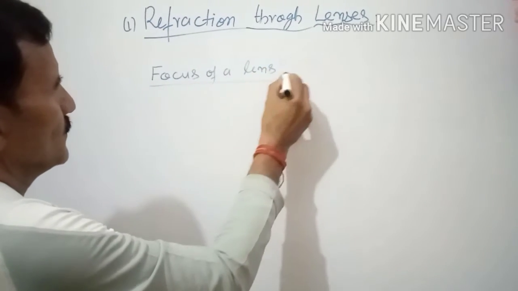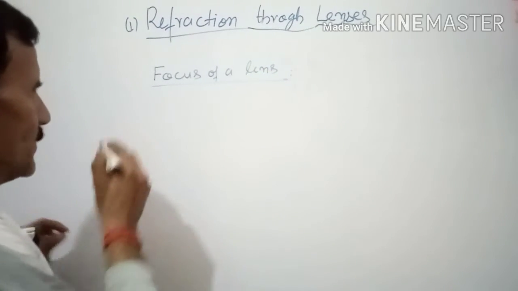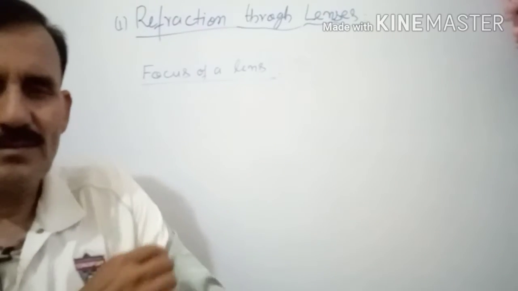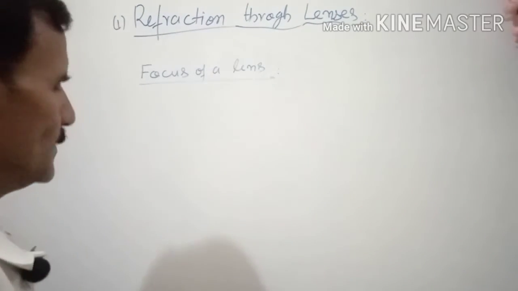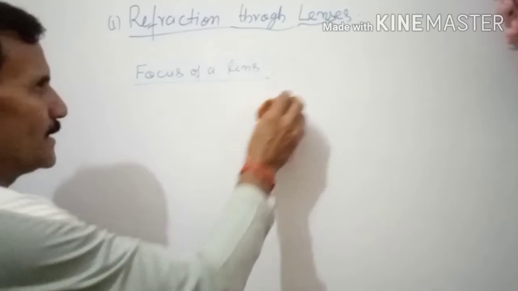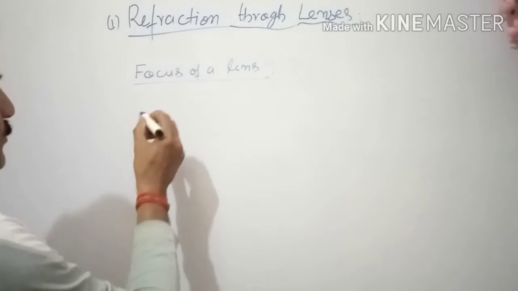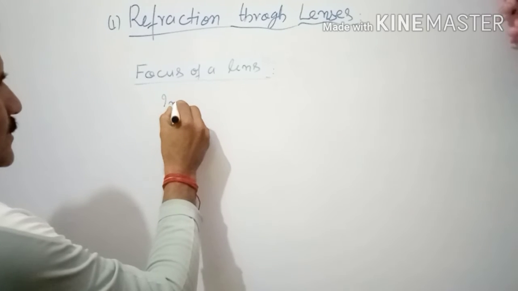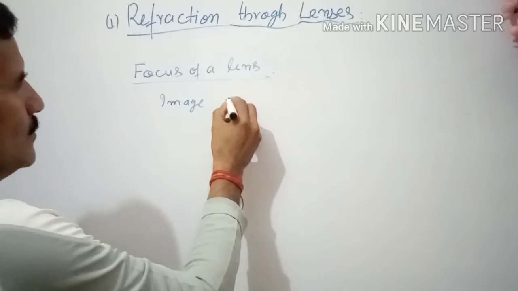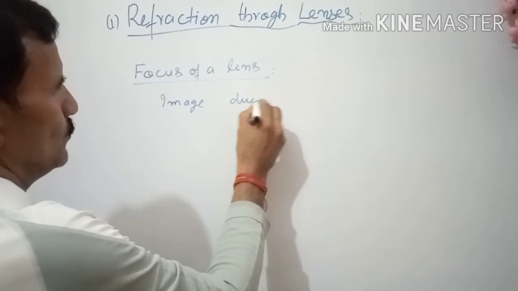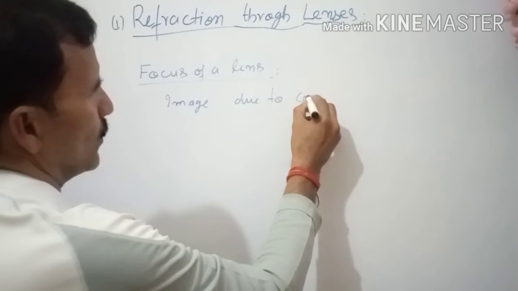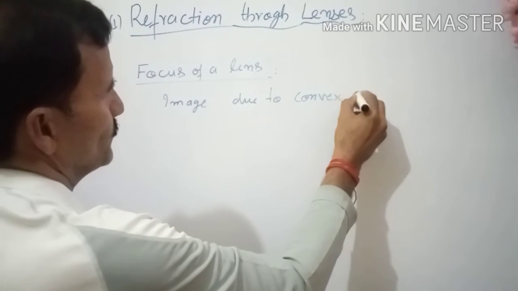First we are going to have the principal focus. Now come to the ray diagrams. How will you locate the image? So, image due to a convex lens.